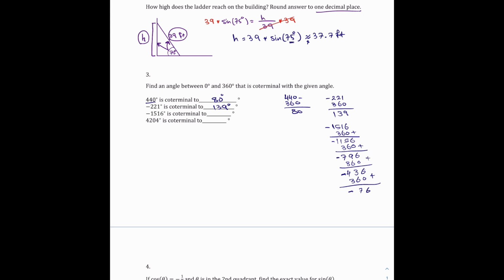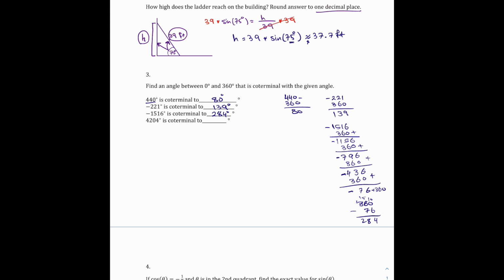So I'm just going to say 360, I'm going to add 360 here, but I'm going to write it here so you know what I'm doing. Minus 76. This is 5, 10, 10 minus 6 is 4, and then 15 minus 7 is 8, and then this is 2. So the answer is going to be positive 284. 284, the smallest positive one.